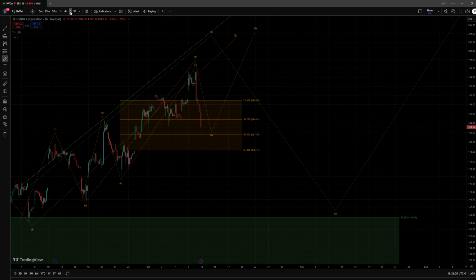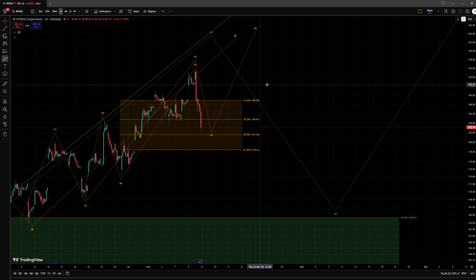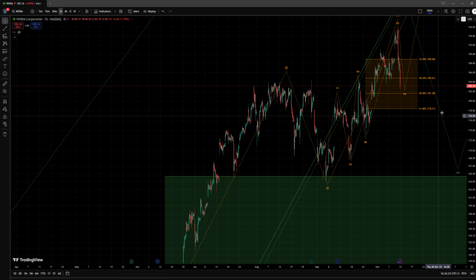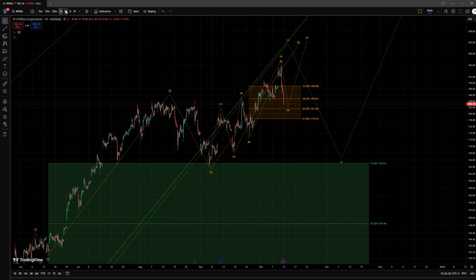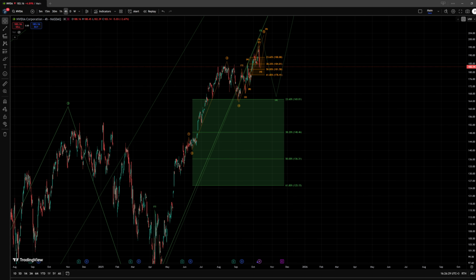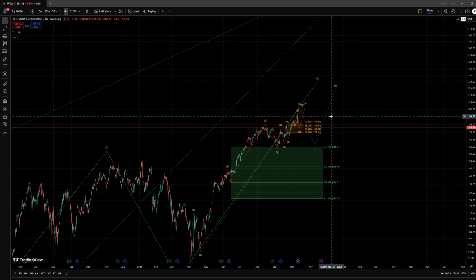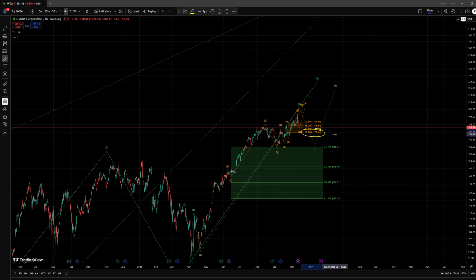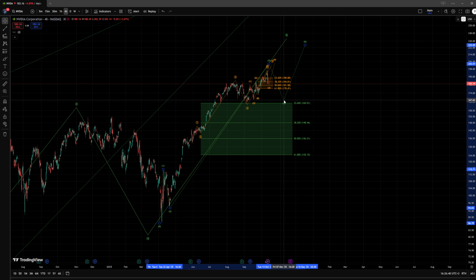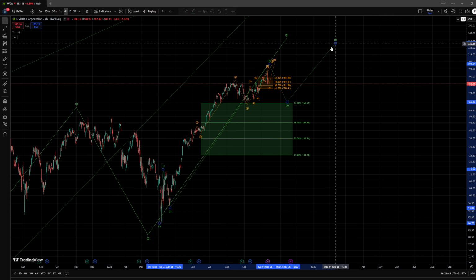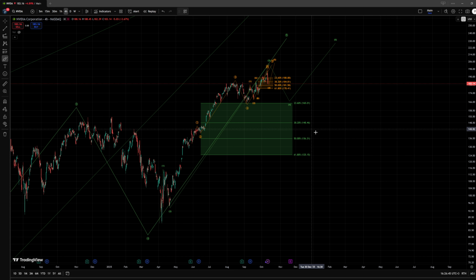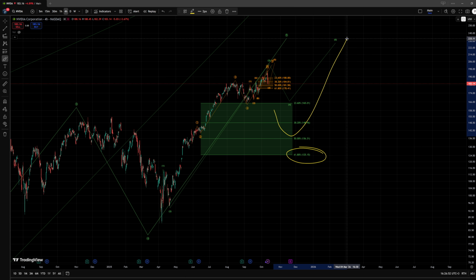Now, as I was mentioning, there are multiple counts that could be tracked on this chart. It is unfortunately not very clean right now, and this is generally pretty normal in a fifth wave to the upside. But if we actually fail to hold support in the support zone in orange, that's the $178 level, there is a high probability that we are in the larger support zone here in green, where as long as we stay above the 61.8% retracement at the $125 level, we can still look for a fifth wave to the upside.